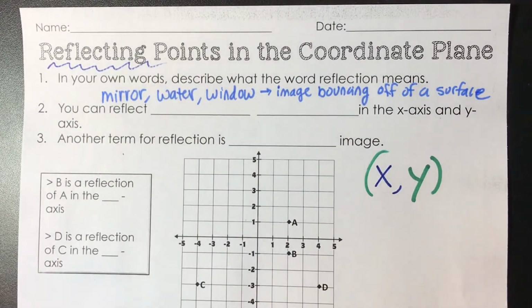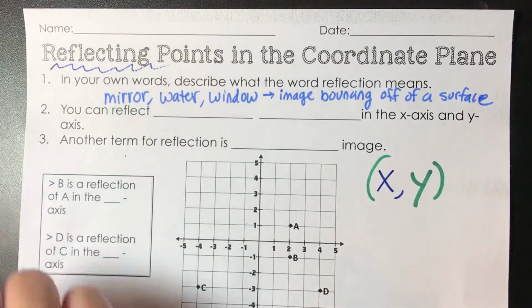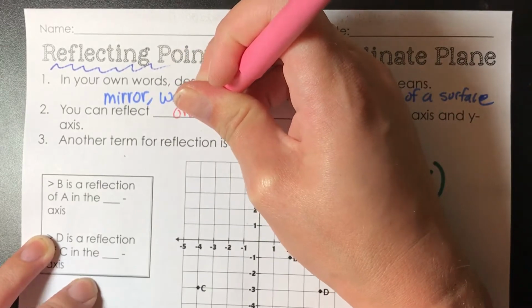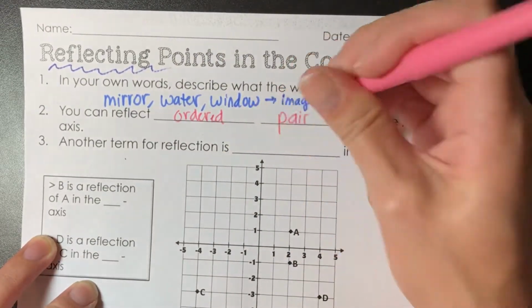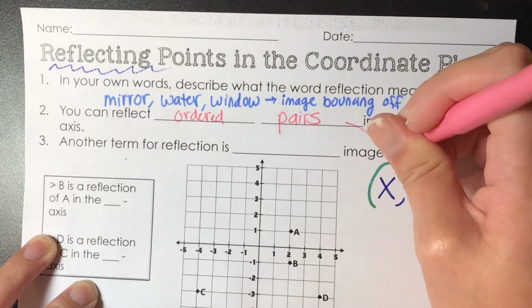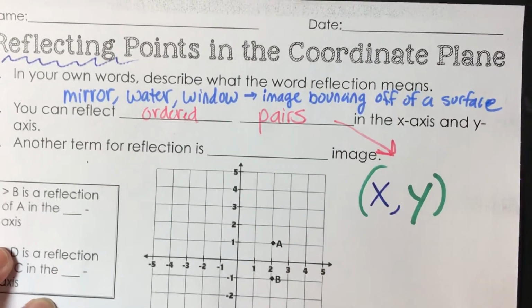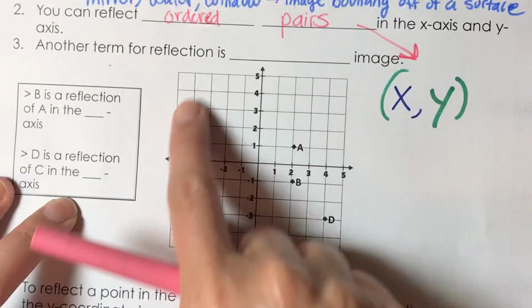So you can reflect ordered pairs. That's these guys right here in the X and Y axis. So we know an ordered pair is an X and Y coordinate placed on the coordinate grid.